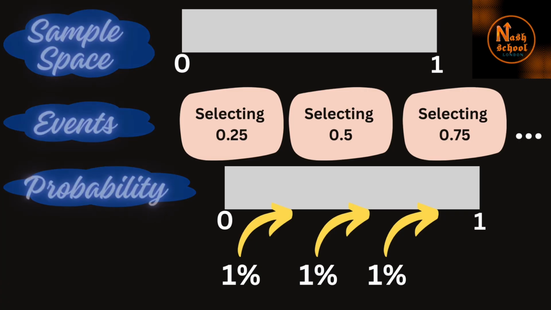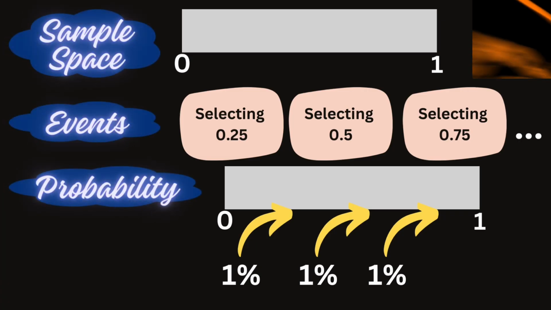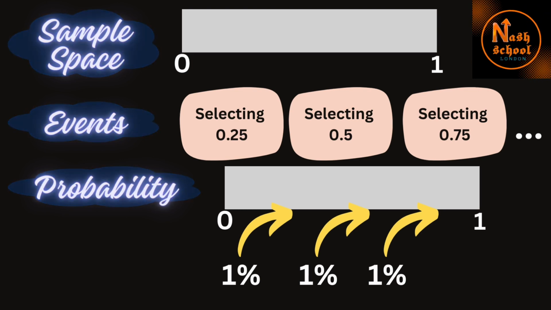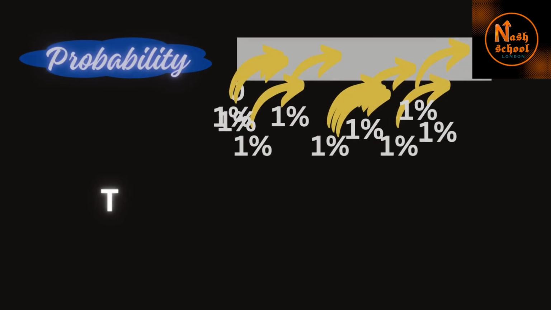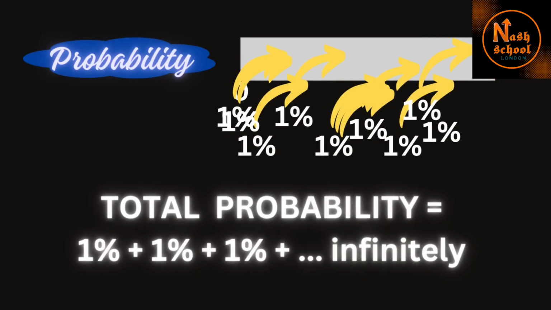So let's think about what probabilities you can really assign. Say you assign a probability of 1% to him saying 0.5. Okay, 1% is meaningful, but he's equally likely to say any number between 0 and 1.